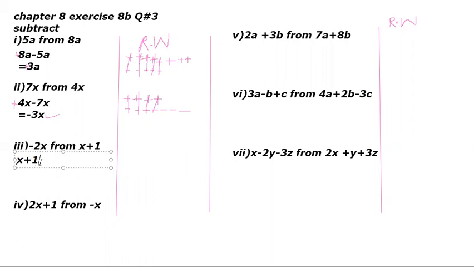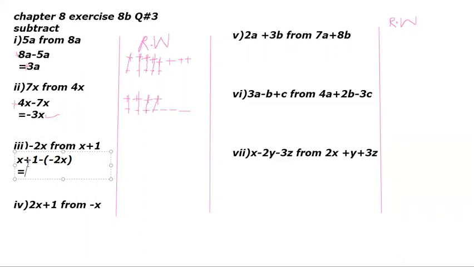We are doing the subtraction question, so this is the subtraction sign, because we will subtract negative 2x from x plus 1. Because this negative 2x is a negative term, I will write it in the parentheses. This thing you have to keep in your mind.